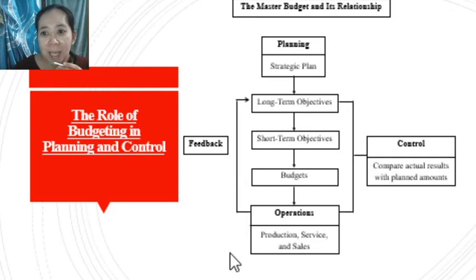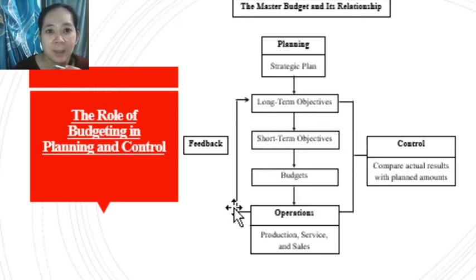And of course, aside from the control function, there will also be some feedback. Of course, this is a sort of evaluation of what was actually happening in the actual field, and what should be done based on the long-term objectives.